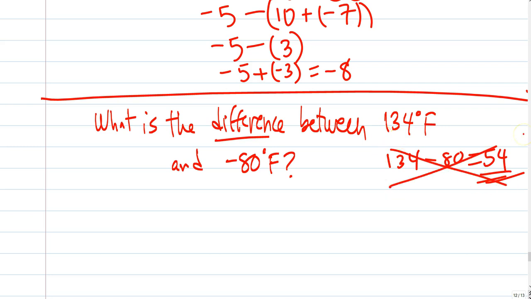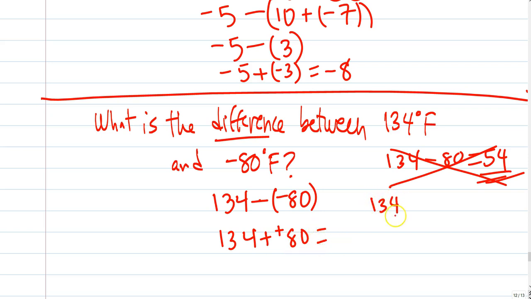But what difference tells me is that we're going to take those two numbers and we are going to subtract them. 134 minus the negative 80. 134 minus a negative changes to plus a positive 80. 134 plus 80, we can do that math on the side, gives me 214 degrees.